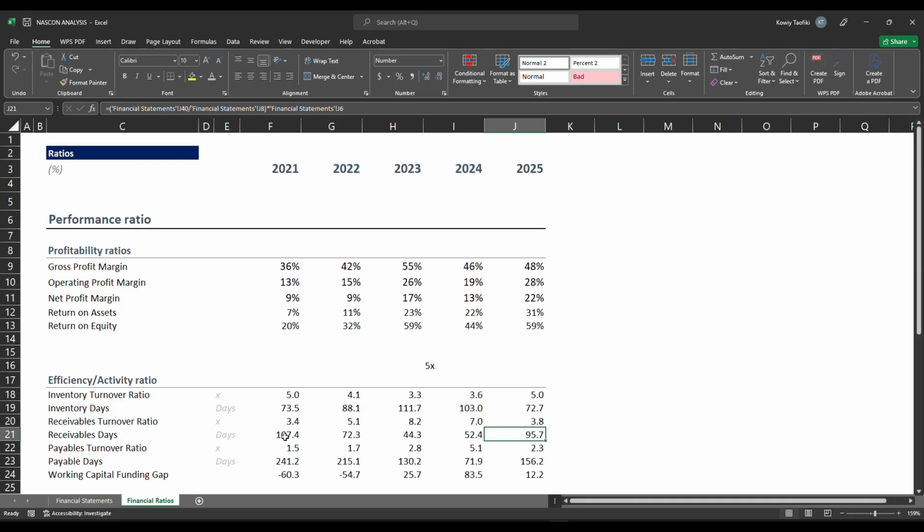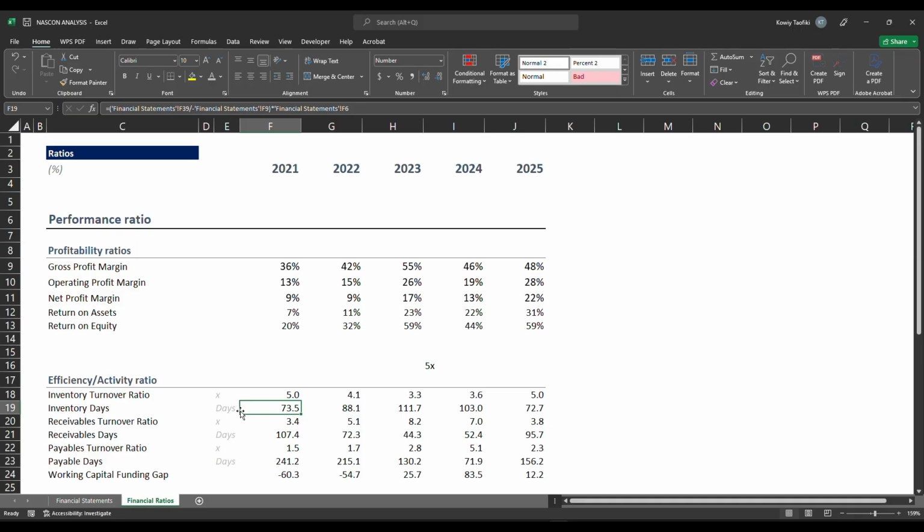So we need to advise the company to drill down on this and make its customers pay back the goods bought on credit on time, so we can put that money back into the business to meet our day-to-day activities. Then we'll go down to our inventory days. It takes a lot of time to convert.